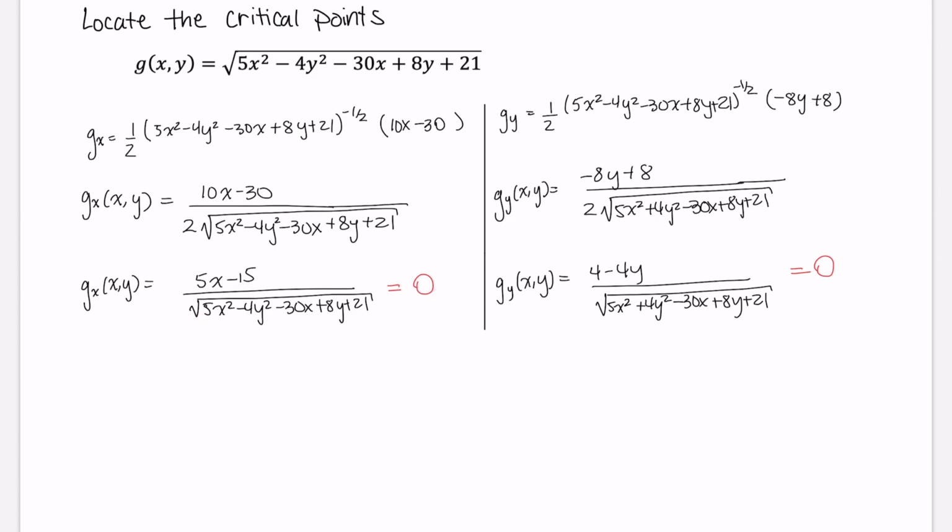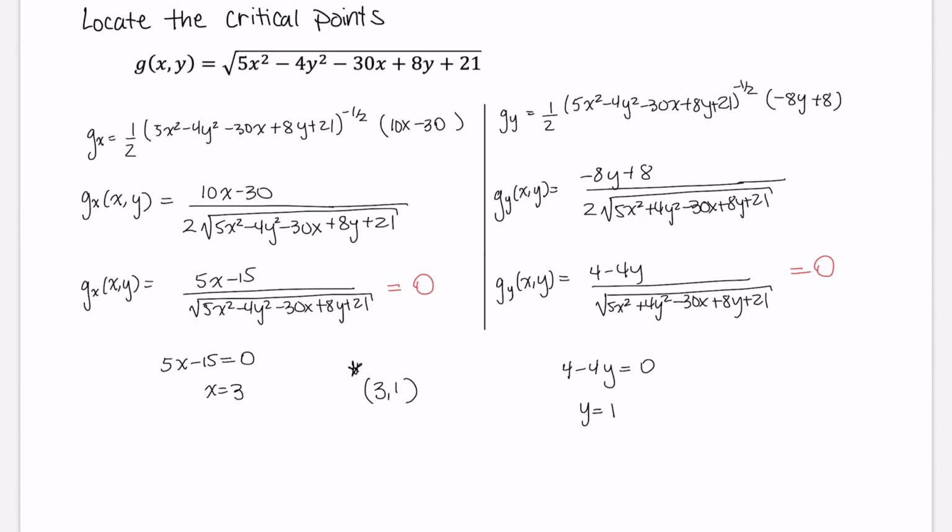So what we're left to solve is 5x minus 15 equals 0, and 4 minus 4y is equal to 0. So we end up with x equals 3 and y equals 1. This yields the critical value of, excuse me, not x, 3 comma 1. So that's one of our critical points.